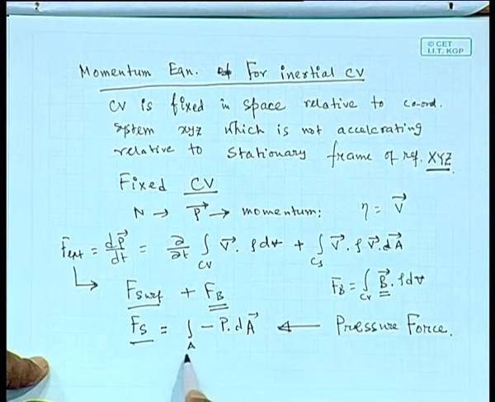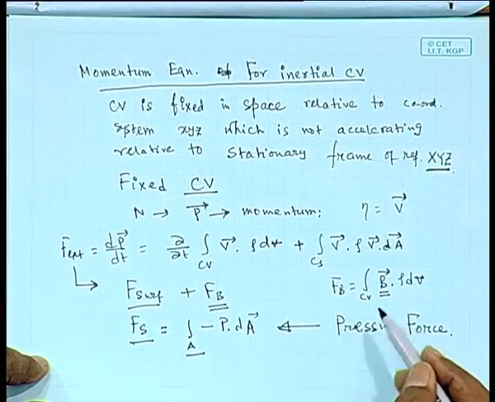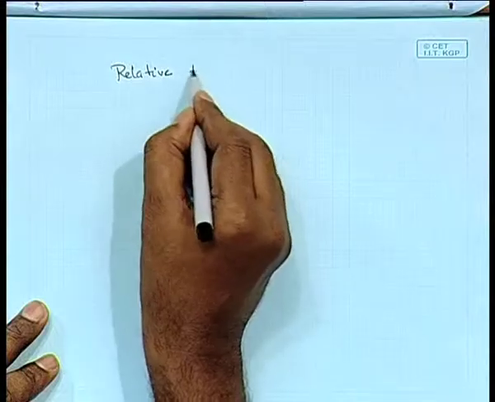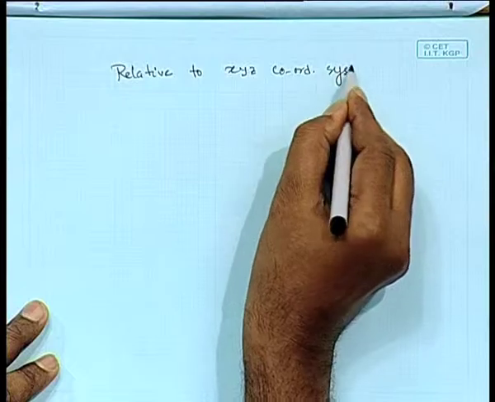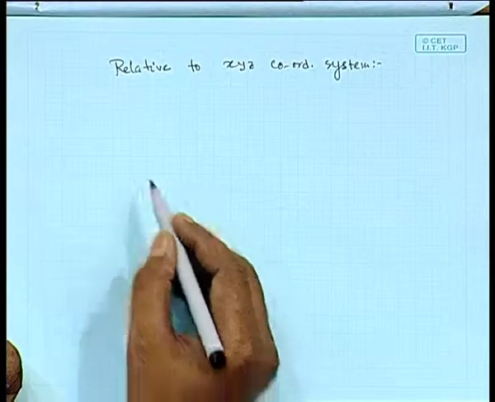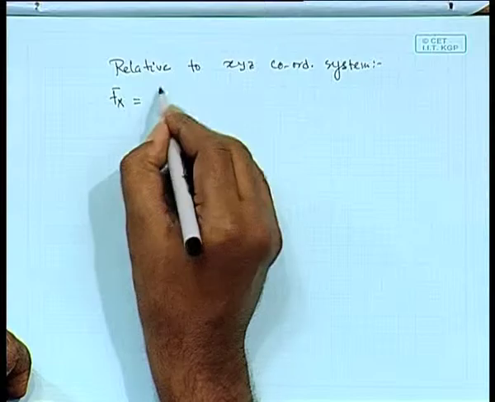The pressure force integral will be over the area, because it acts on the area, while the body force acts throughout the whole body of the material, so it is over the volume. So, you can write three equations of motion, force balances in the x direction, y direction and z direction.